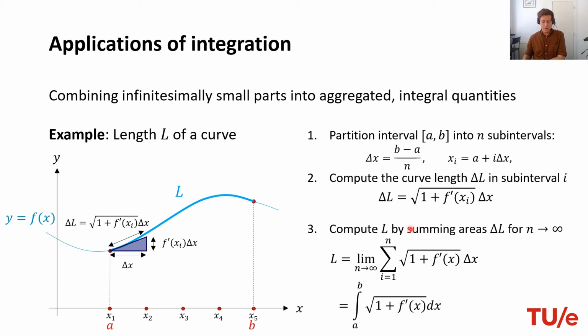So again, we can compute the actual length L of f of x between a and b by summing up these small delta L if we let n go to infinity. This again leads us to what we call a Riemann sum, and from calculus we know a Riemann sum is basically a definite integral. So we can directly compute this length L using information of f itself.